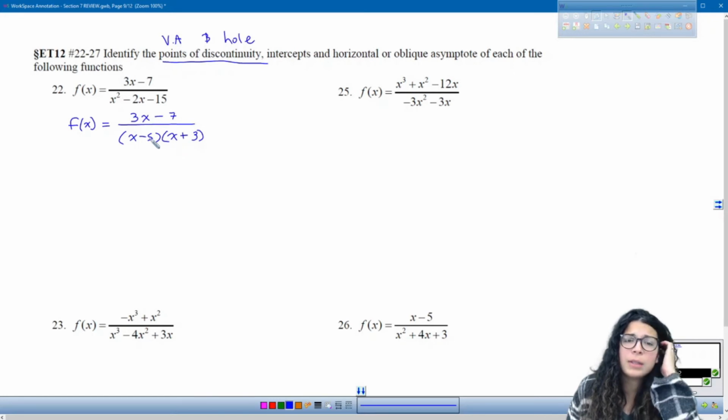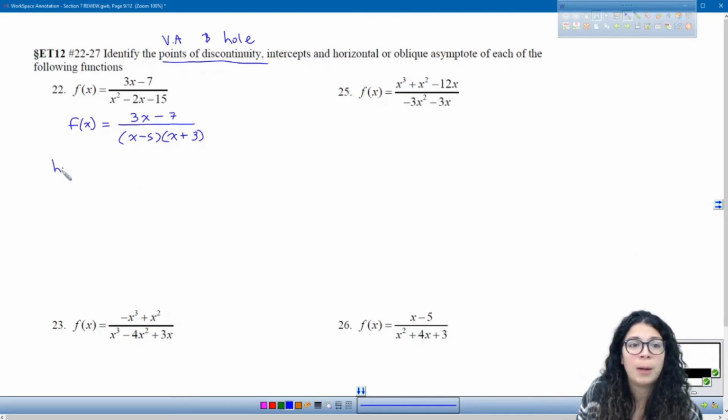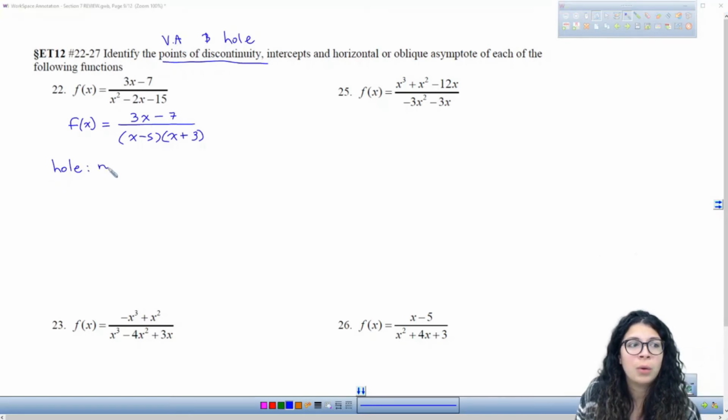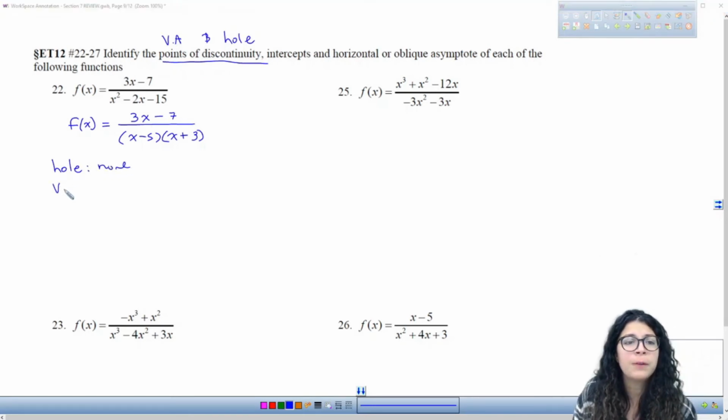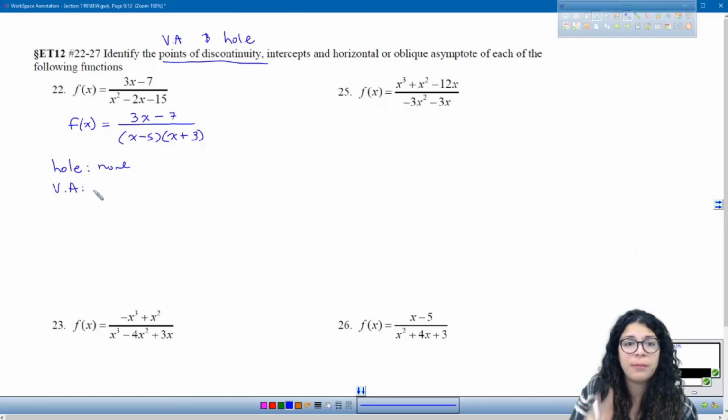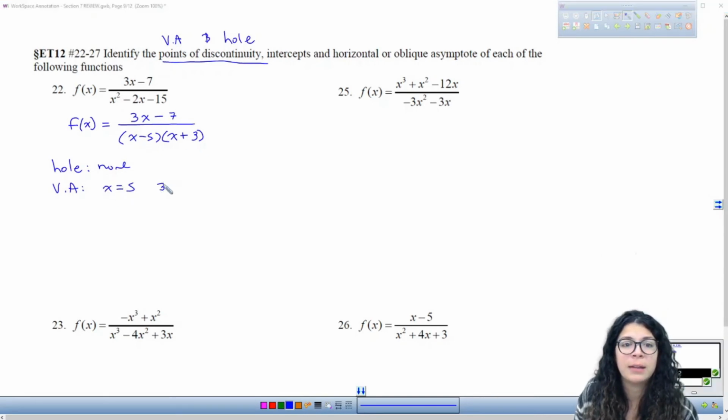From there, you can see that the excluded values that make the denominator 0 are 5 and negative 3. If we could factor the numerator and cancel something, that would have been a hole. Because there are no cancelable factors, there are no holes. There are 2 vertical asymptotes: the vertical line x equals 5, and the vertical line x equals negative 3.